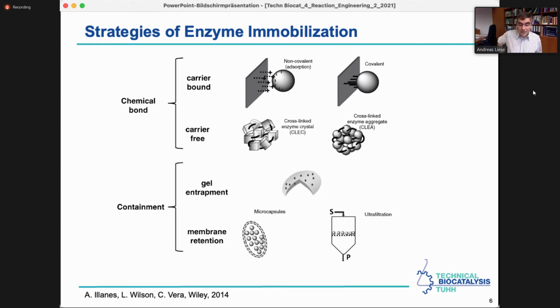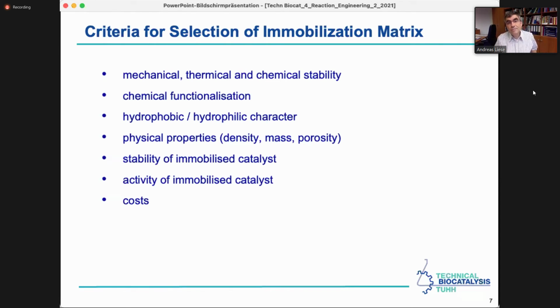Now I would like to discuss briefly what are the criteria for the selection of the immobilization matrix, where we want to bind, attach our enzymes to. Well, it should be suitable for the reaction system that we want to apply. If it's an organic solvent, if it's an aqueous phase, whatever, a high mechanical, thermal, and chemical stability.